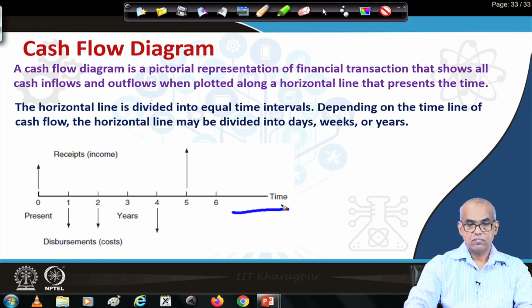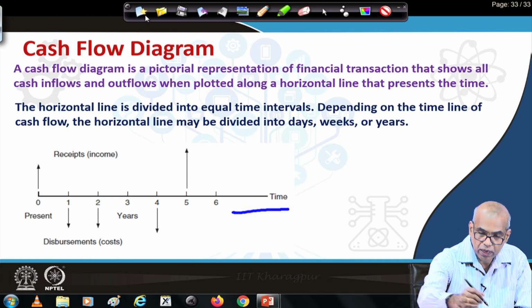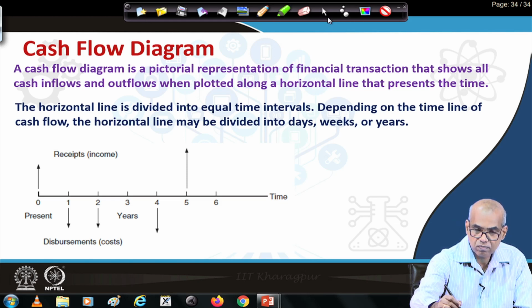So, all the cash inflows and outflows will be plotted along this horizontal line. The horizontal line is divided into equal time intervals. Depending on the timeline of the cash flow, the horizontal line may be divided into days, weeks or years.